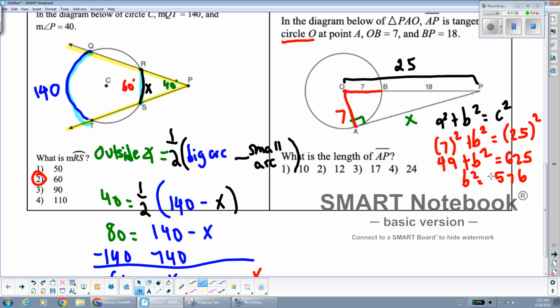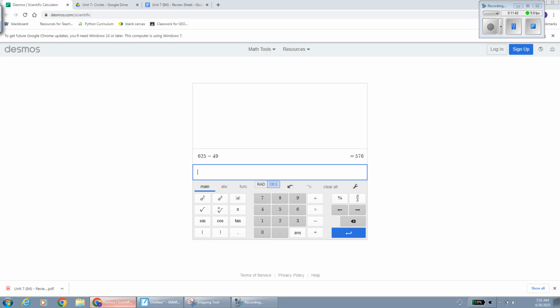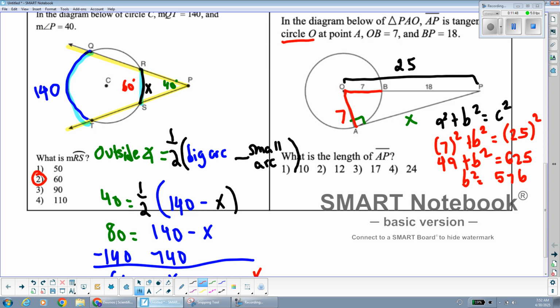And now let's take the square root of 576 to see what we get. And that's 24.